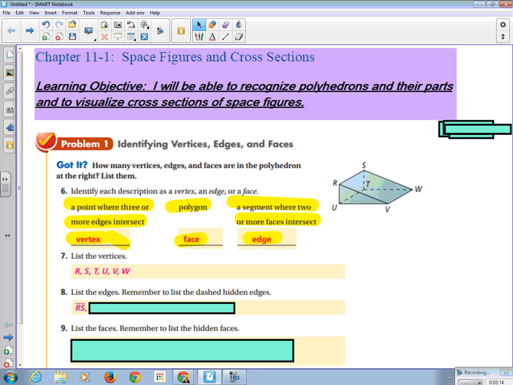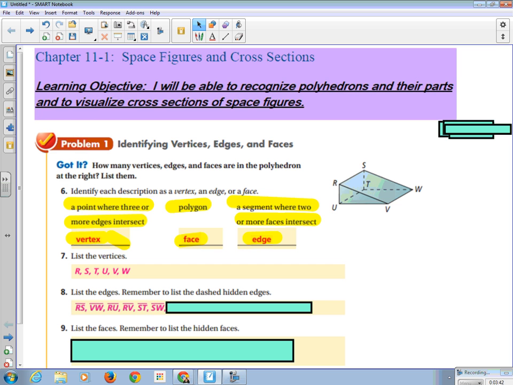So RS is that top line. BW is the bottom right line. RU is a left line segment. RV is this diagonal line segment. ST is this back line segment, back and to the left.